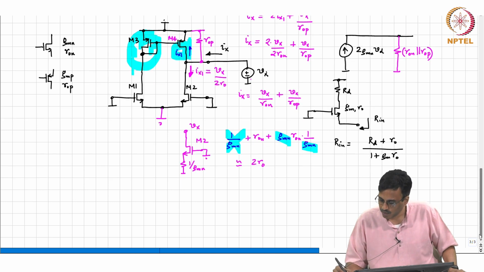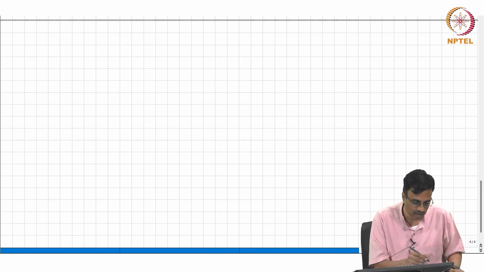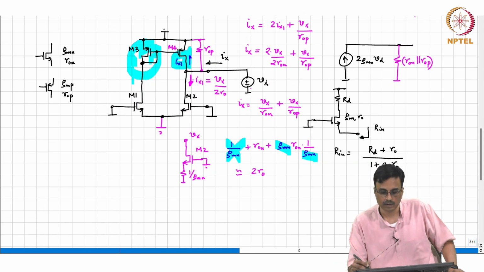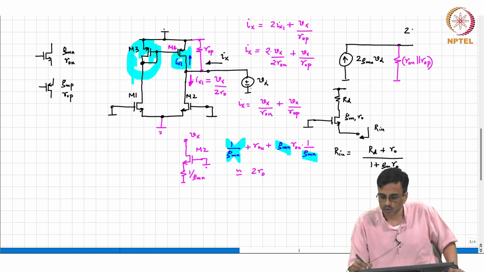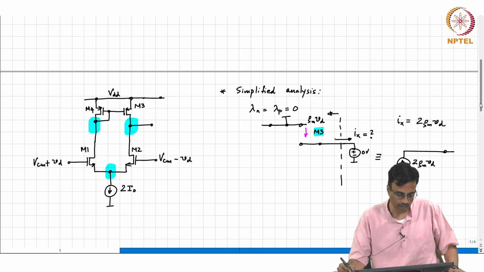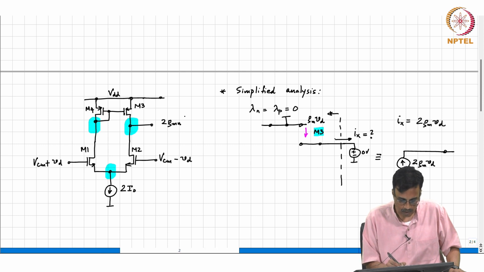So at the end of a lot of algebra, we see that finally the answer is Ron parallel Rop. So what is the output voltage? 2 gmn times Ron parallel Rop times Vd. So the incremental gain therefore is nothing but 2 gmn times Ron parallel Rop.